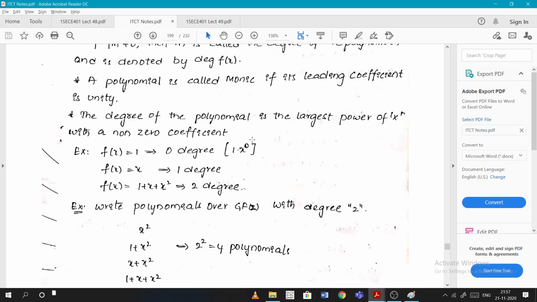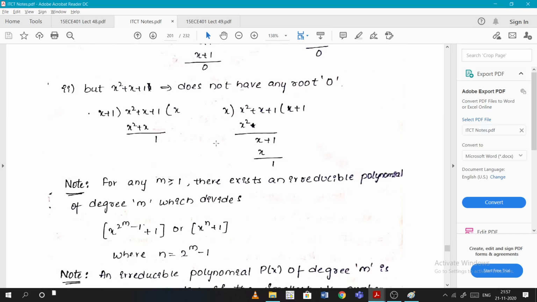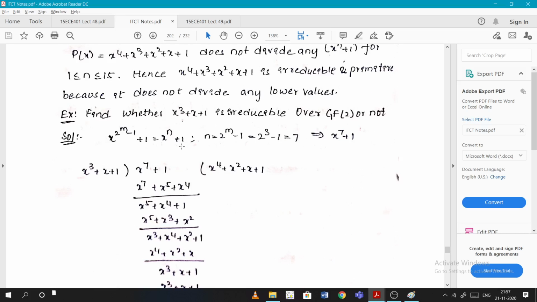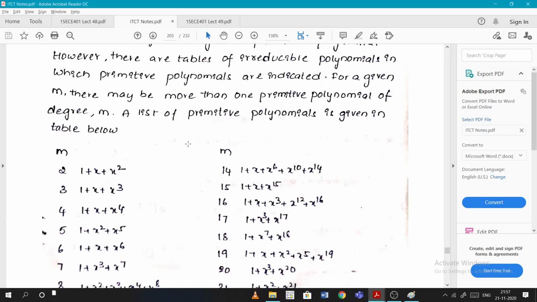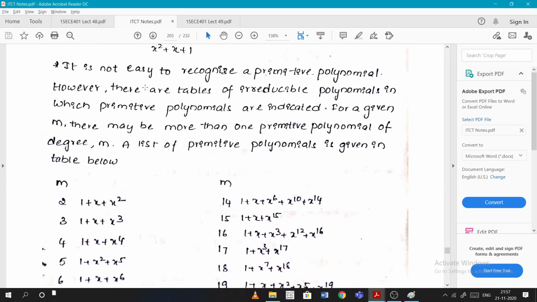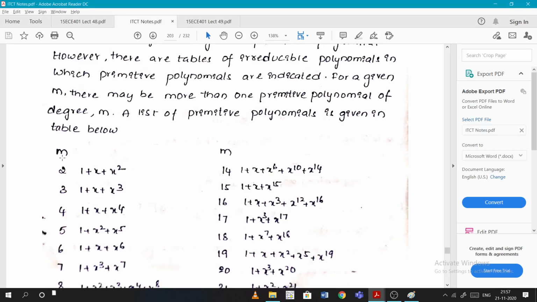So what happened, they made the process easy by making a table. Actually this is not an easy process, right? Time taken. So for a particular value of m equal to 3, 4, like that, they have given directly a primitive polynomial, for example when m is equal to 3.